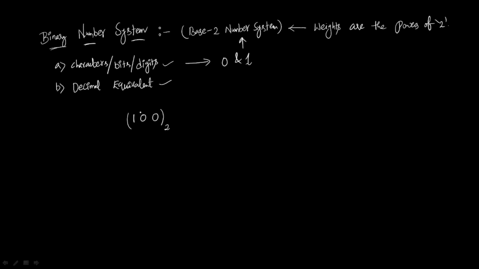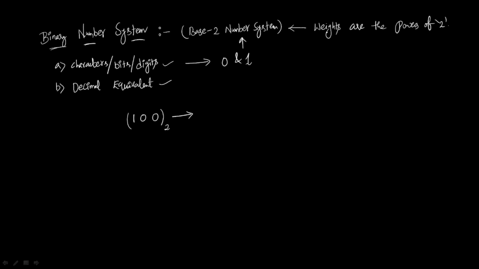For this number, how can I find the decimal equivalent? As we have seen earlier in our decimal number system, to find the actual value of a number, you just take the sum of the products of coefficients and their weightages. Here, what are the coefficients in this number? 1, 0 and another 0. These are the coefficients. And what are their weights?